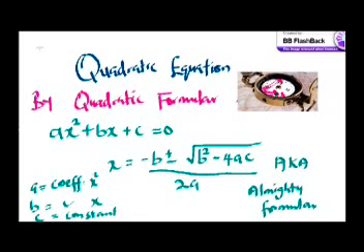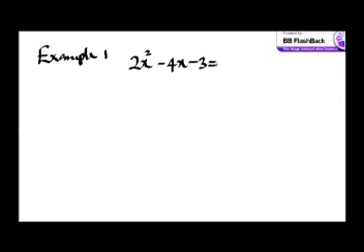We'll take a simple example and see how the formula works. Example 1. Supposing I have a quadratic equation of this form: 2x squared minus 4x minus 3 is equal to 0.